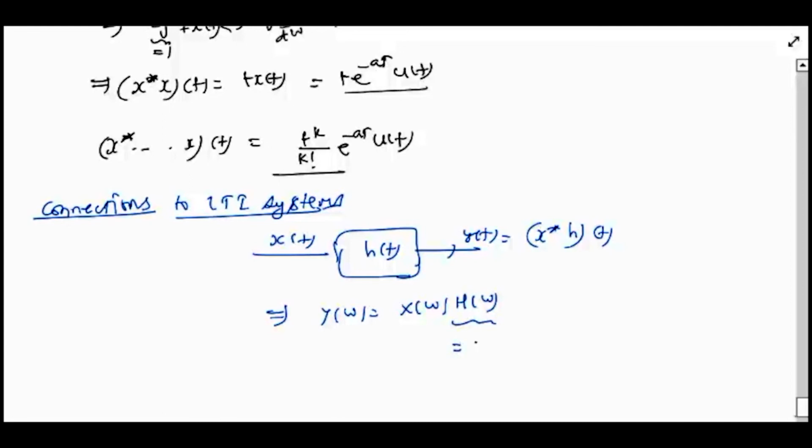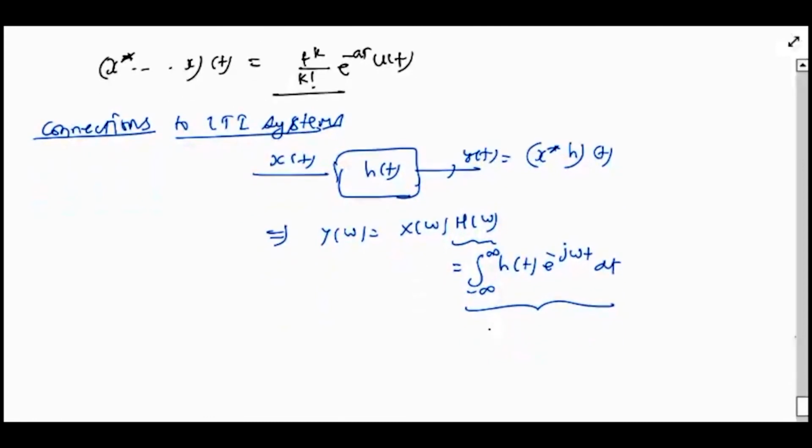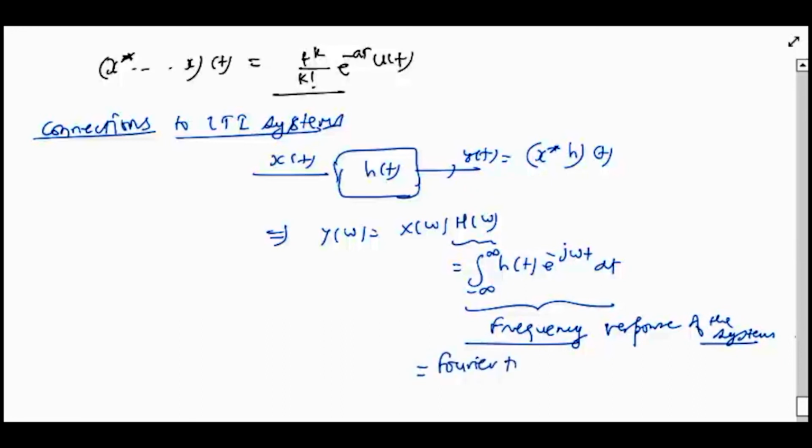Where H(omega) is the Fourier transform of h(t). So that is H(omega) is the integral from minus infinity to infinity of h(t) e^(-j omega t) dt. If we recall the first lecture, this is what we defined as the frequency response of the system. So we see that the frequency response of the system is nothing but the Fourier transform of the impulse response.